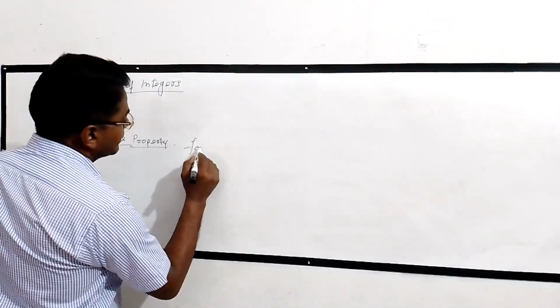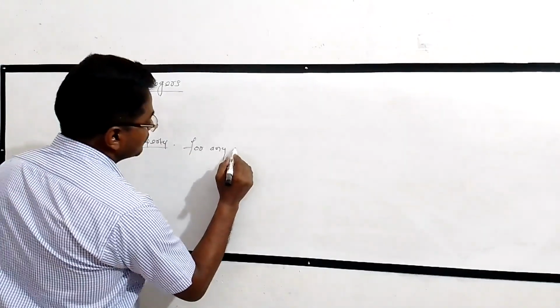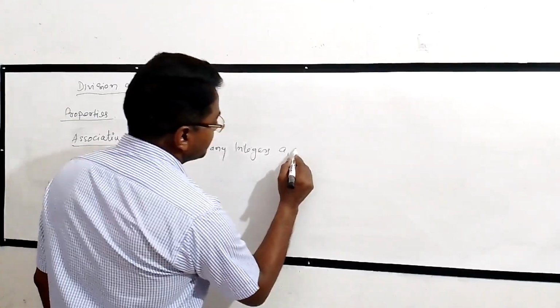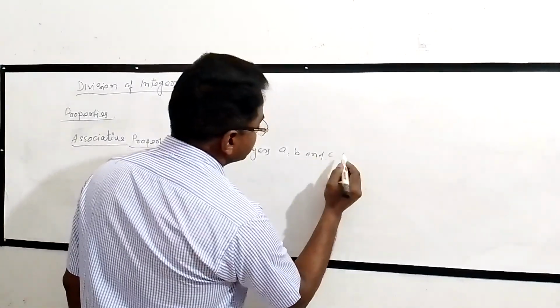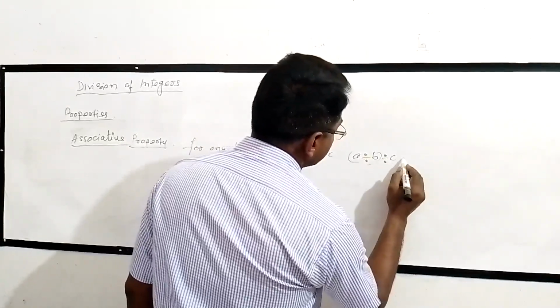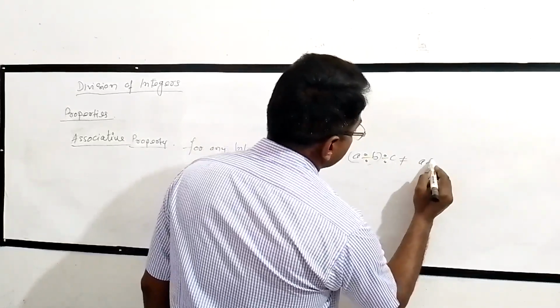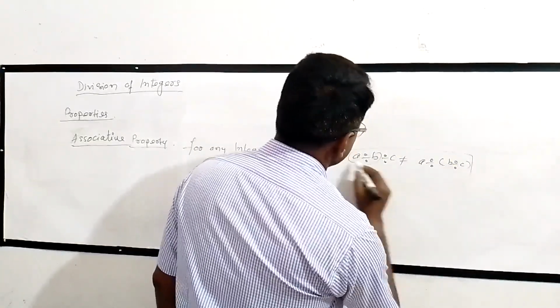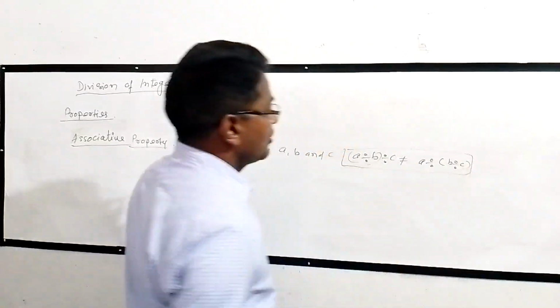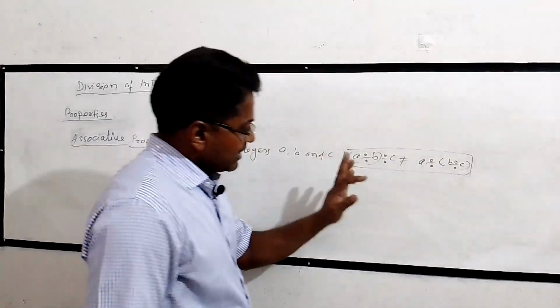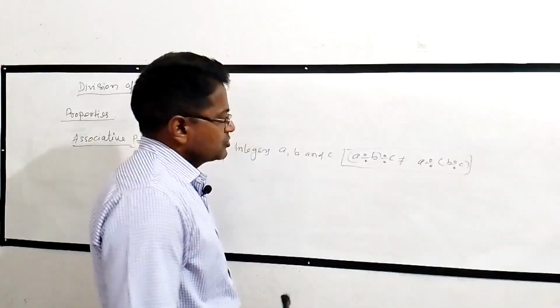For any integers a, b and c, (a divided by b) divided by c is not equal to a divided by (b divided by c). It means that for any integers a, b and c, they are not associative.